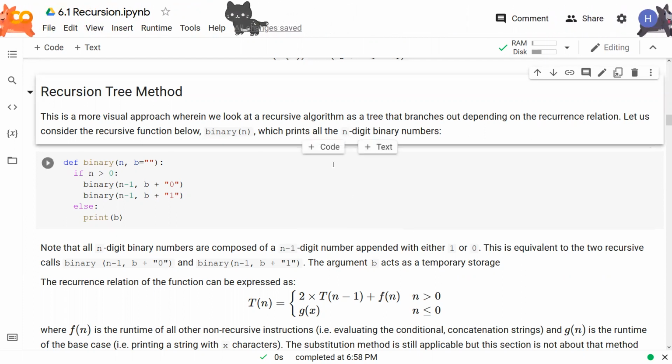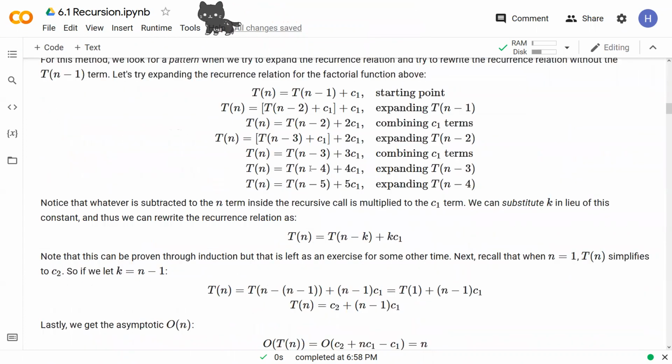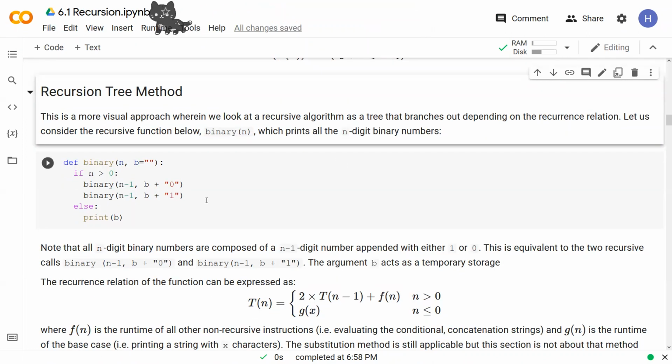But before that, medyo hindi kasi tree yung first example. So we have another example of a recursive function here, which is called binary, which prints all the n-digit binary numbers. So paano siya naging recursive function? So basically, ang ginagawa niya is that to get all the n-digit binary numbers, we get first all the n-1 digit binary numbers.